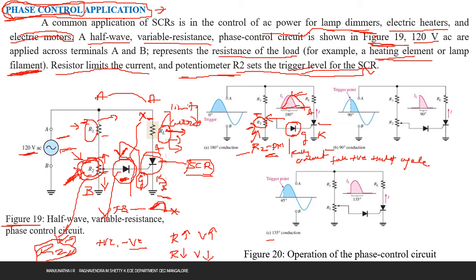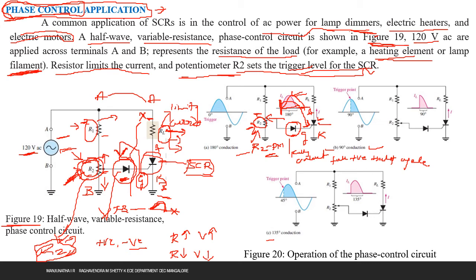So from the 0 degree, we provide the triggering pulses to the SCR, and as soon as we give triggering pulses from 0 degree, the SCR is going to turn on. The same concept applies if we move towards the 90 degree conduction.